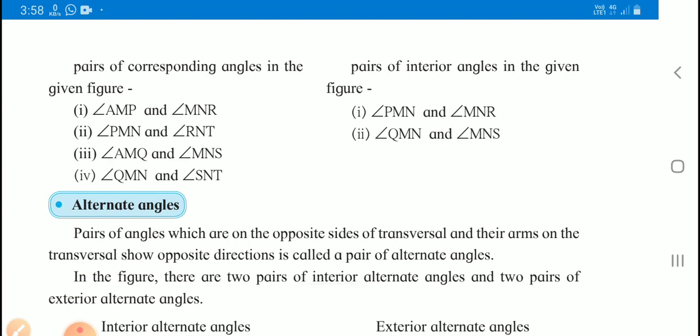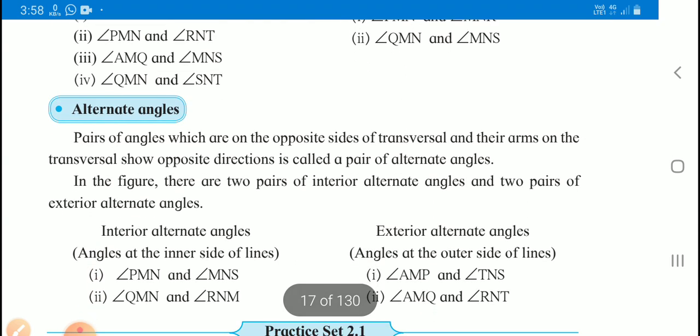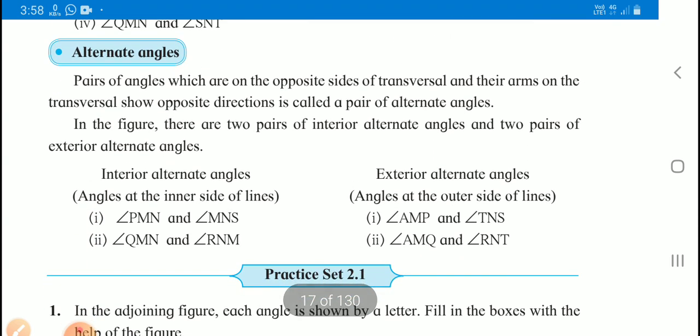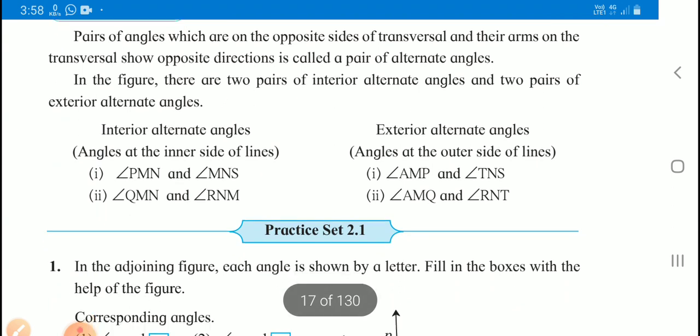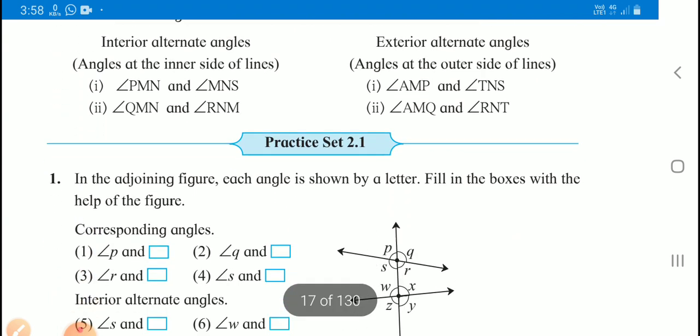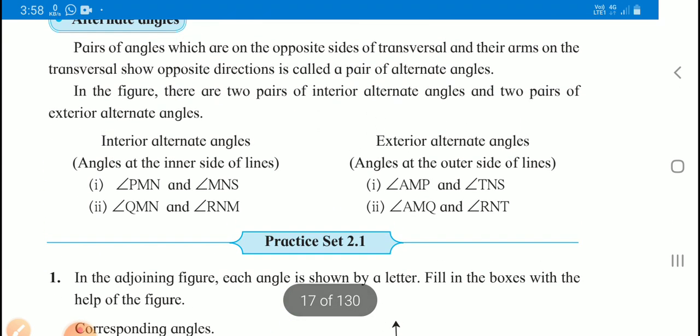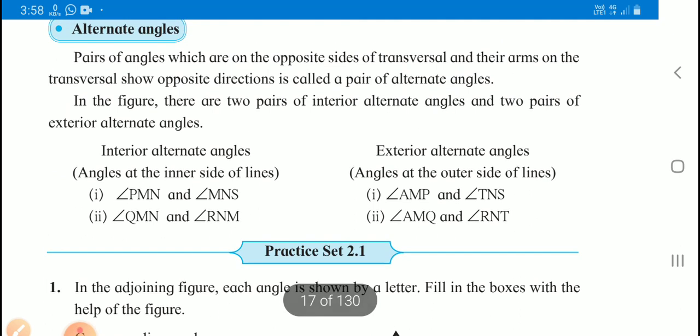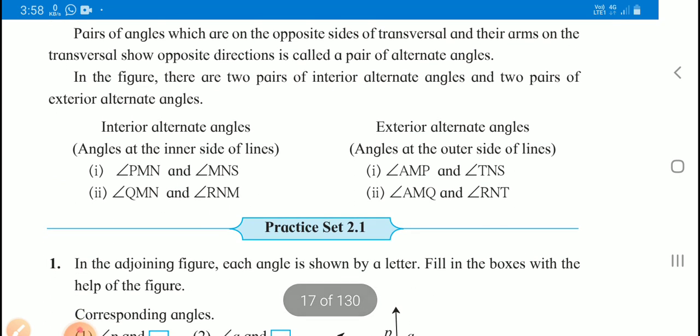Now next is the pairs of interior angles. These are angle PMN and angle MNR. And second is angle QMN and angle MNS. Now I said to you there are two types of alternate angles. These are interior alternate angles and exterior alternate angles. Here they given the names of that: angle PMN and angle MNS.